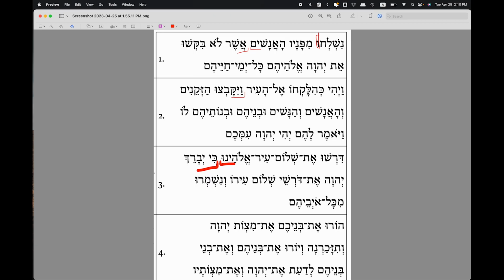Just like in the imperfect, you get the Niphal assimilating into R1. Same thing for the infinitive construct, and since the noon has assimilated, we use this hey as kind of like a placeholder for the heric. So this is an infinitive construct of lakach in the Niphal stem, and it has a 3ms suffix on it, and it has this kaf preposition, which is usually going to indicate sort of like contemporaneous activity.